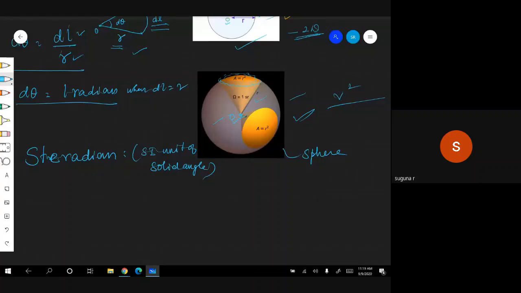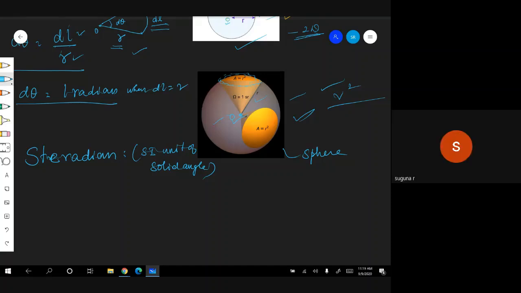Therefore, how to define it? It is the angle subtended at the center of the sphere by the surface of the sphere whose area is equal to the square of the radius.